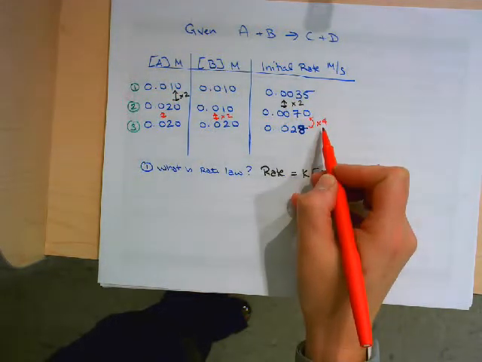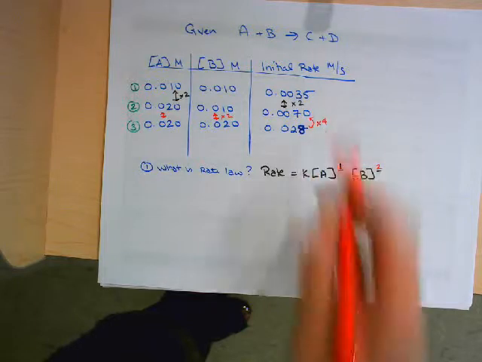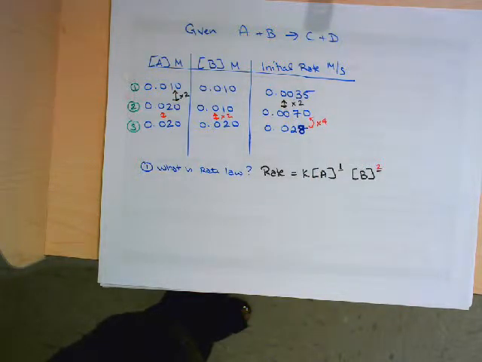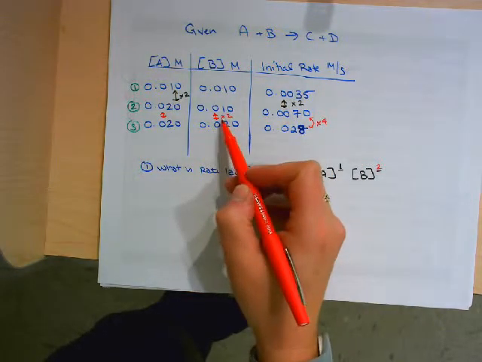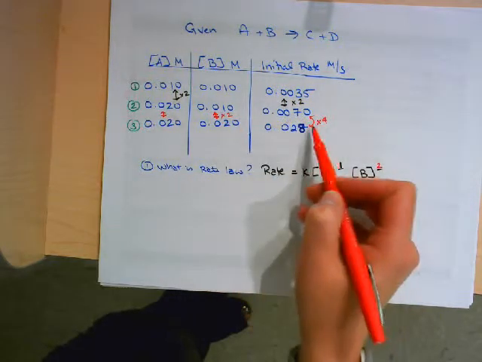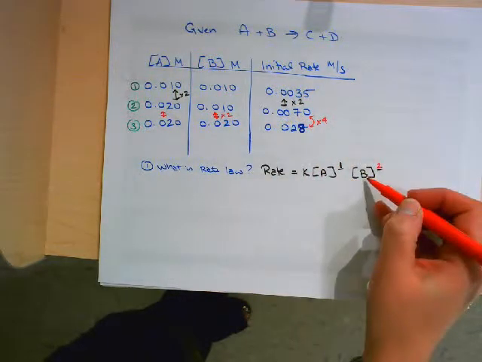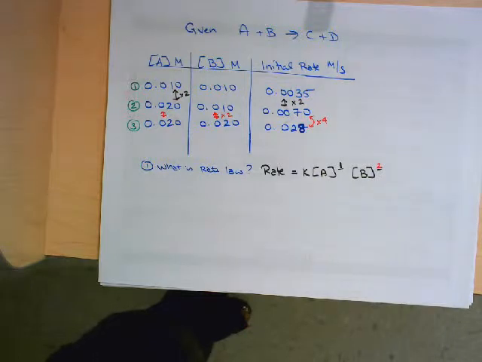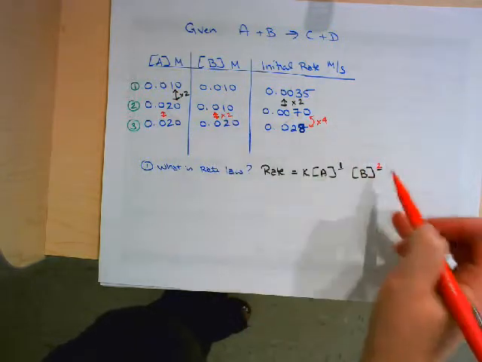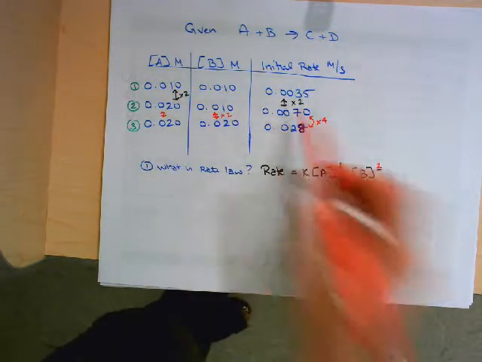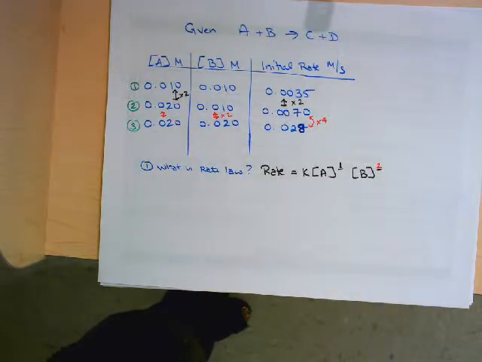Whatever number I got is how much it increased by. For the exponent, if this doubles and that quadruples, I just memorized it. If it's 2 and 4, it's a square. If it's 2 and 2, it's a 1. I think it's just easier that way.